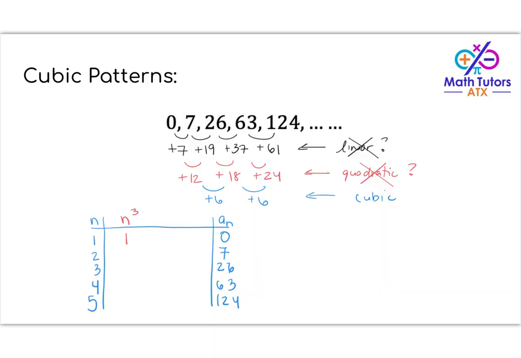So 1 cubed, 2 cubed, 3 cubed, 4 cubed, and 5 cubed. I think now it's easier to see what am I doing to n cubed to get my a sub n number. And you can see that I'm subtracting 1 from that value. So here, a nice explicit formula would just be n cubed minus 1.